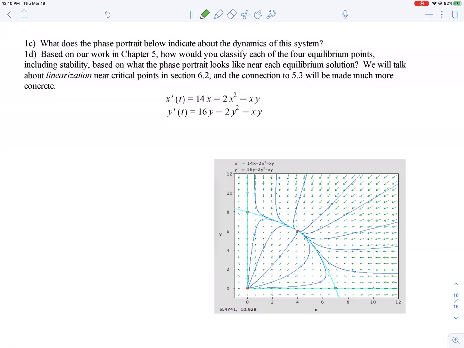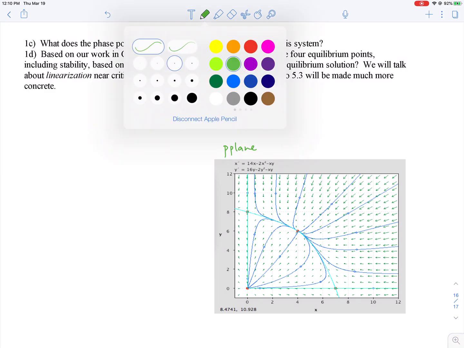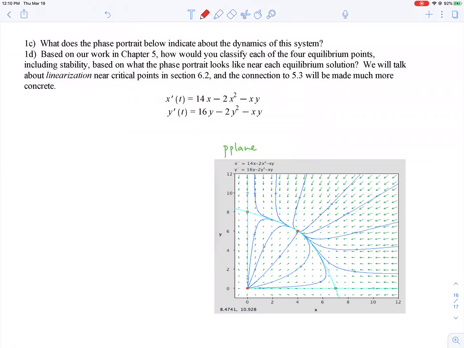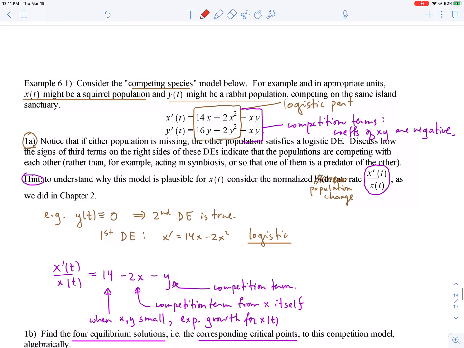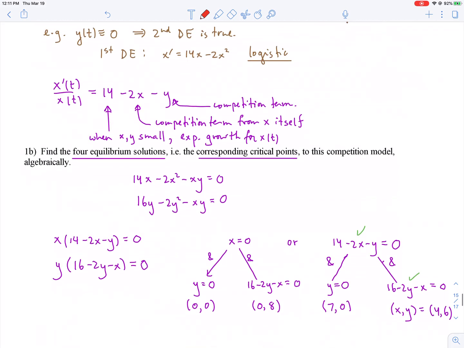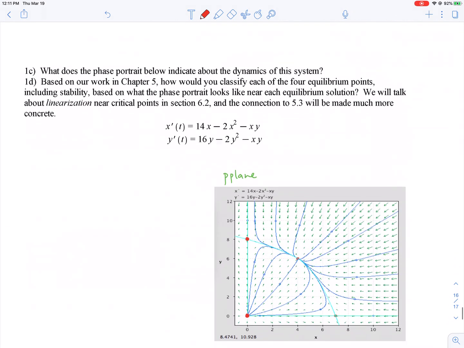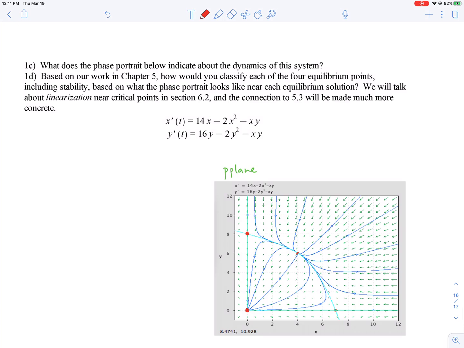Okay, so here the picture is from p-plane, which we've already been using for this competition model, and we found the 4 equilibrium solutions. 0, 0: there were no rabbits or squirrels. 0, 8: I always forget who's who here, there were no squirrels, they were all rabbits, so these are the squirrels.